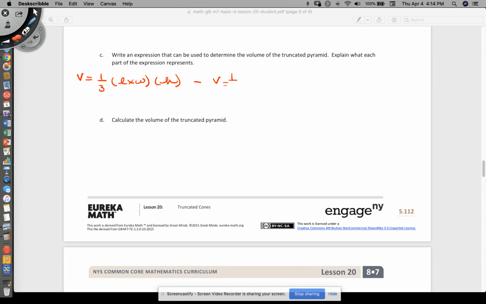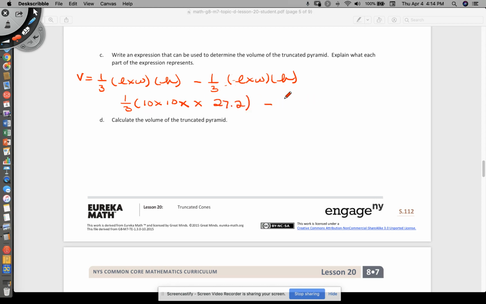Or I don't really need to write the volume, I guess, again. We'll just say 1/3 of the length times the width times the height of the smaller one. So what does that look like when we're done? We have 1/3, 10 by 10 by 22. But if you found that top part, it's actually going to be 27.2.